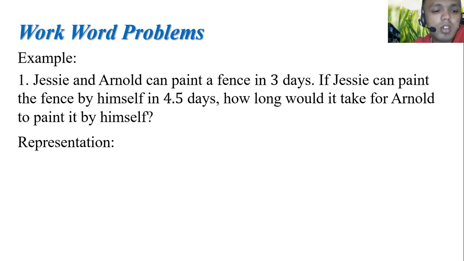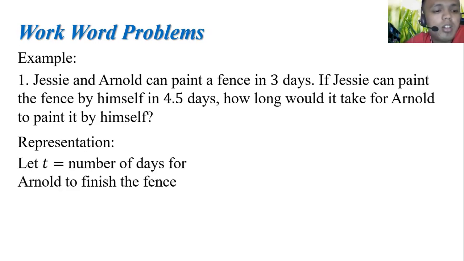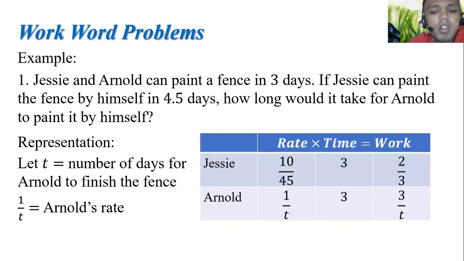Now, let's go to the representation. Let T be the number of days for Arnold to finish the fence, because it is Arnold's time that we are looking for here. And then 1 over T would be Arnold's rate. Then we will make a table here so that we can fully understand the problem and easily make an equation.